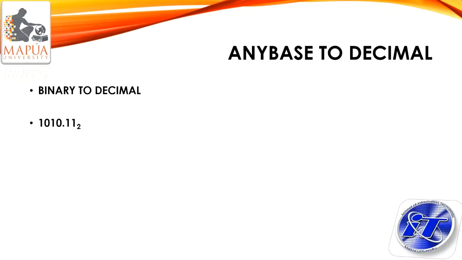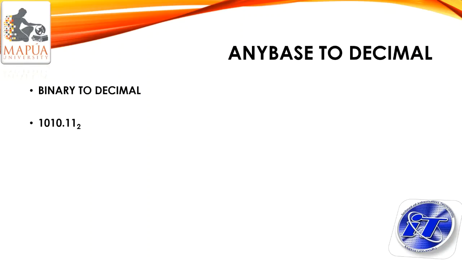So that we can know the positional value that has an exponent equivalent to 0. Therefore, the positional value of the digit left of the radix point is raised to 0. Then from that position, right to left, it will increase by 1, and from left to right, it will decrease by 1.